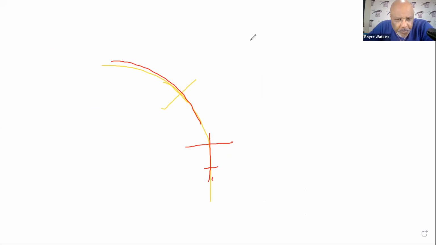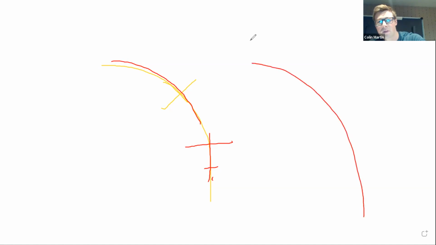Okay. But because of adverse yaw, the airplane would look more like this. Kind of outside the turn, so in this turn, the nose and the tail won't line up together.